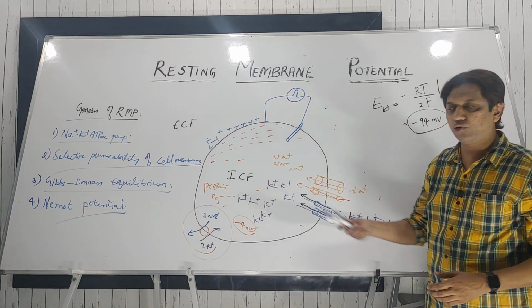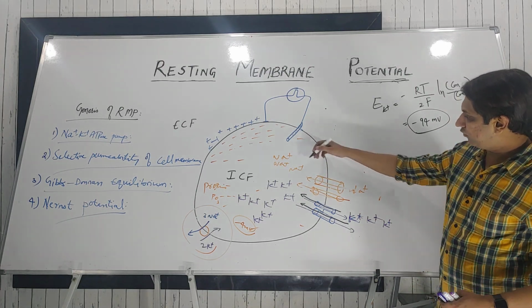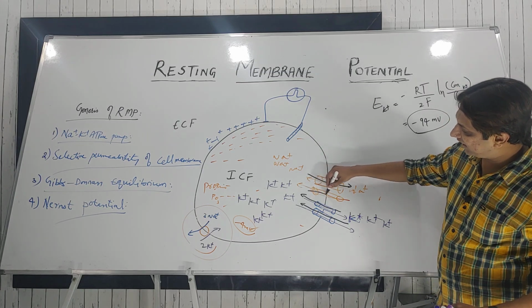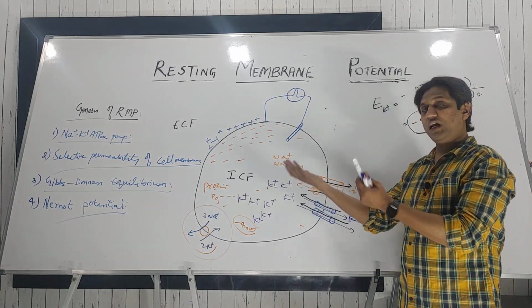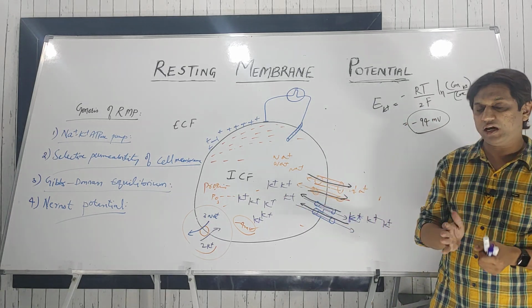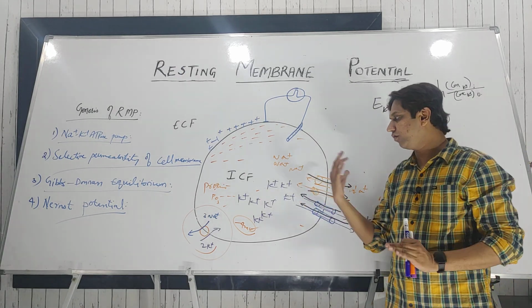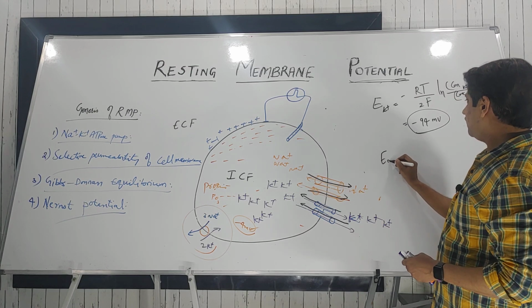Then because of this negativity, sodium is once again pulled due to the electrical gradient. Again a time will come where the concentration gradient equals the electrical gradient and there will be no net movement of the ions across the cell membrane, and that will be the equilibrium potential of sodium.